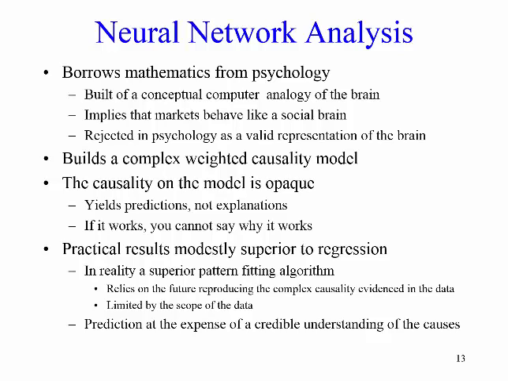That is, if it works, you cannot say why it works. It's simply satisfying to know that in some way it has applied an organized algorithm to complex data to come up with some sort of weighted probability on what's going to happen in the future. Curiously, neural network analysis does seem to provide practical results modestly superior to regression.